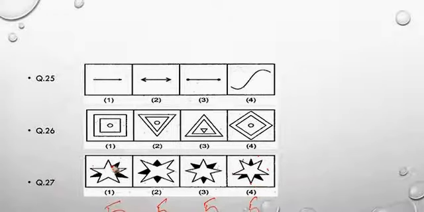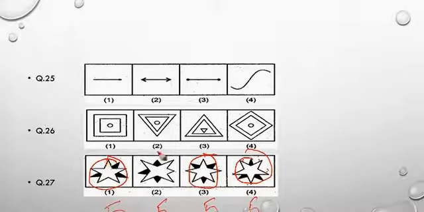But let's see the symmetry. In case of problem figure 1, the star is symmetrical. The V-shaped corners in the front star are almost of the same size. Similarly, in case of option 3, the V-shaped edges of the star are symmetrical, and similarly in case of option 4, the V-shaped edges are uniform or symmetrical.